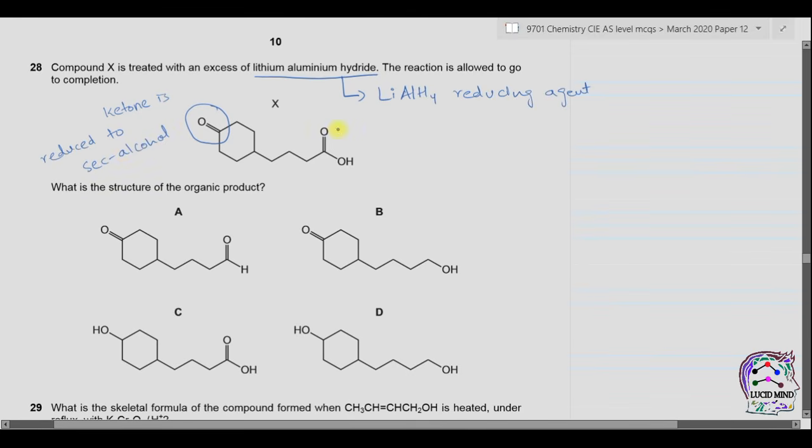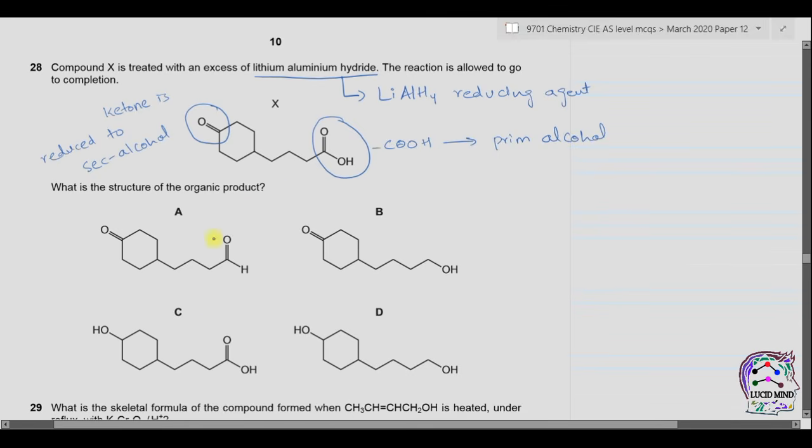While on the other side of this compound we have a carboxylic acid. The carboxylic acid will be reduced to a primary alcohol. So COOH is reduced to a primary alcohol.